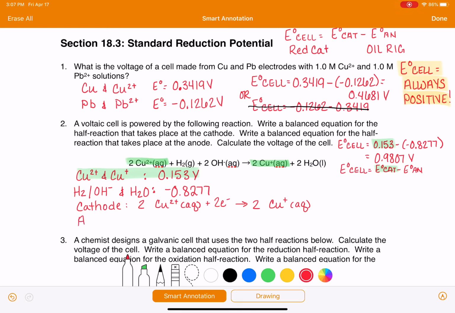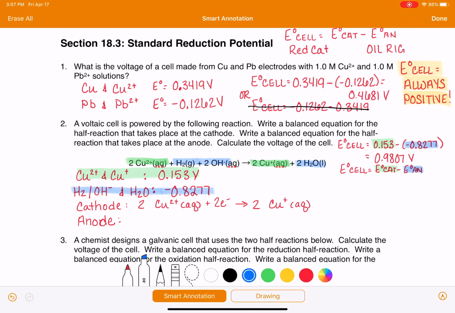If you are struggling still with figuring out where the electrons go, I'm going to show you an even easier way to do it with the next one. So we said the anode, looking back at our E-cell, we said that the anode has to be the negative 0.8277 volts. The negative 0.8277 volts is the hydrogen OH minus H2O reaction.